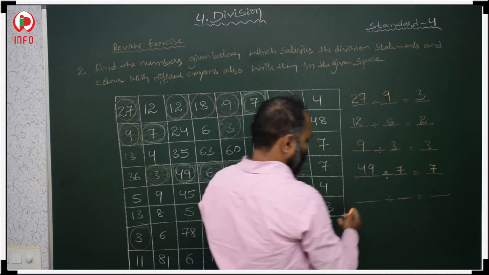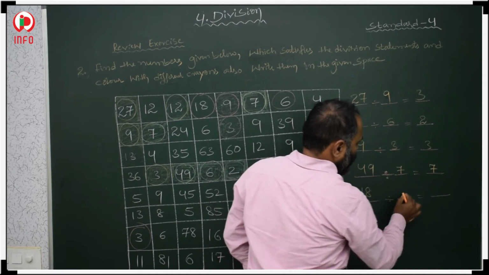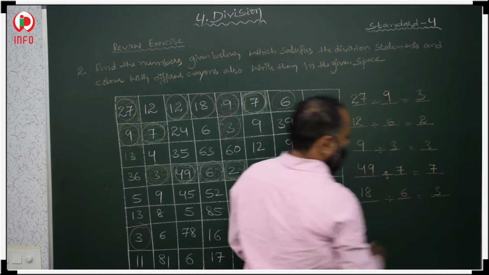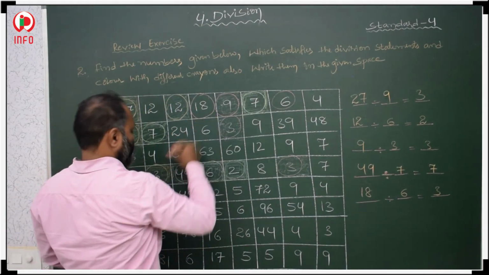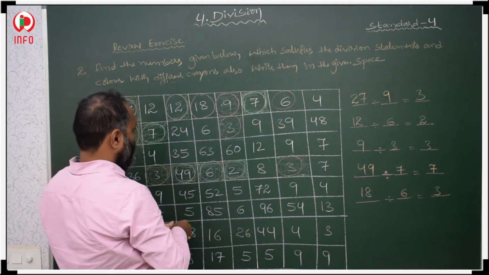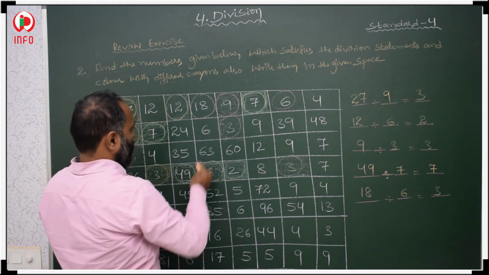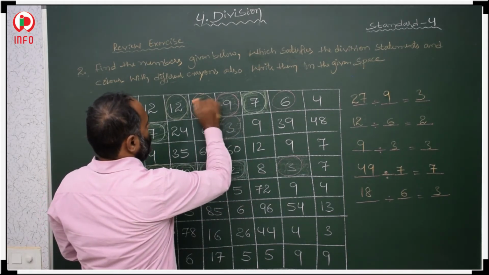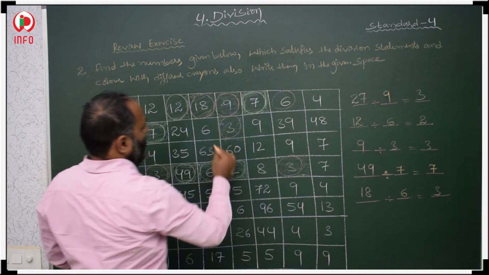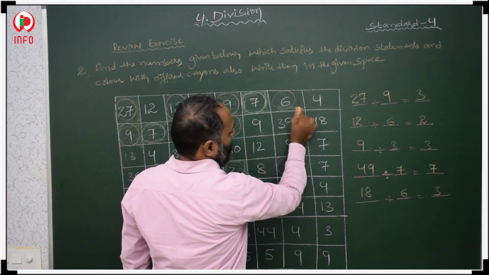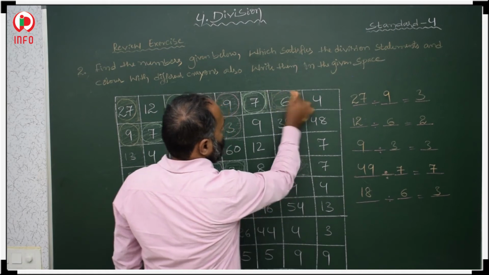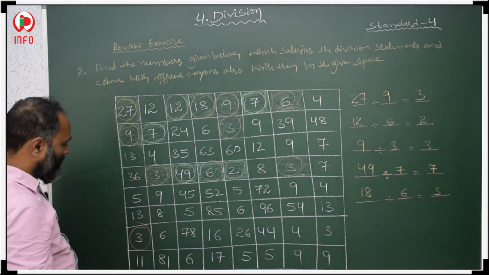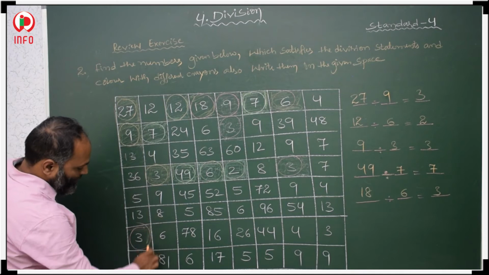Here 18 divided by 6 is equal to 3. 6 3s are 18. 18 divided by 6 is equal to 3.